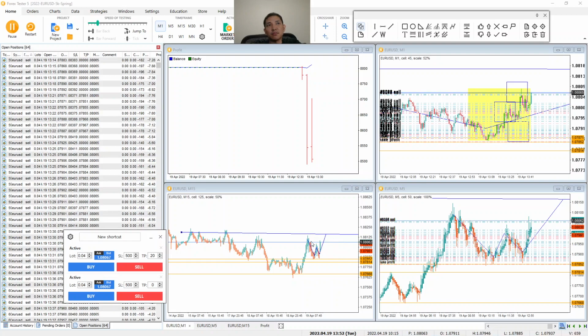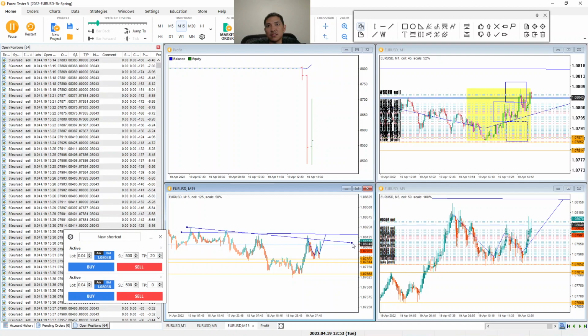So again, there's that W. Well, we can only play the market structure that we can see. Just overall, this is still the trend down.